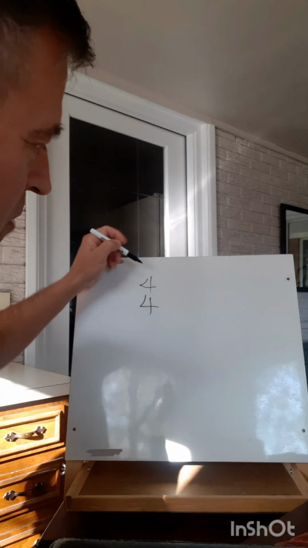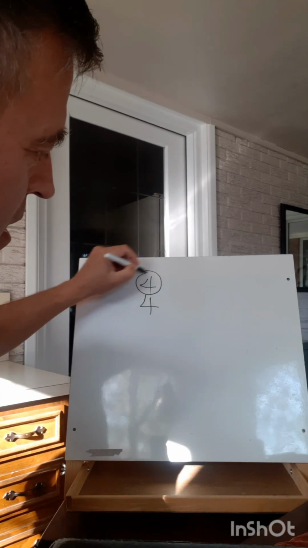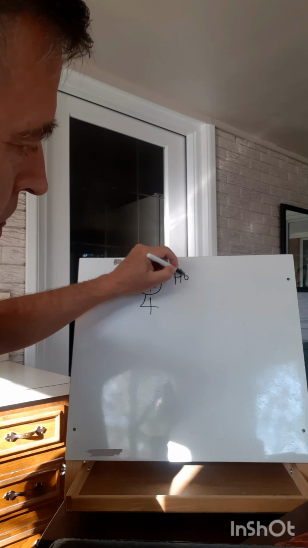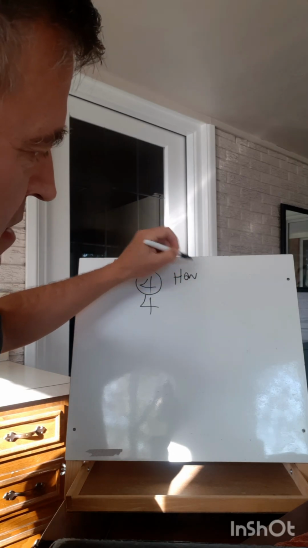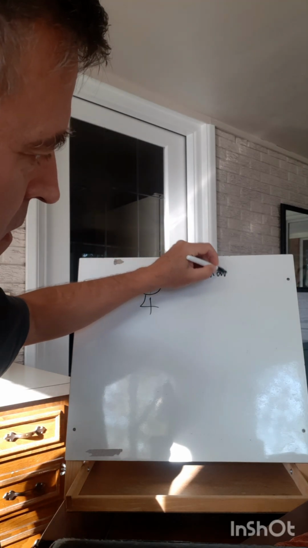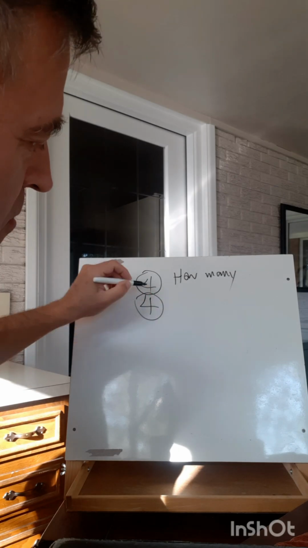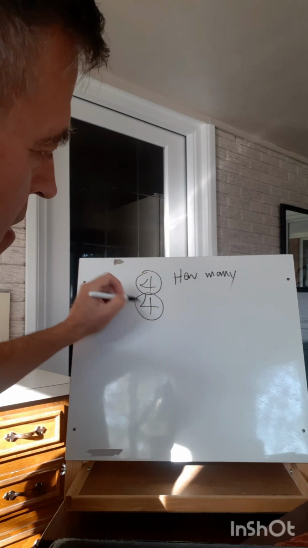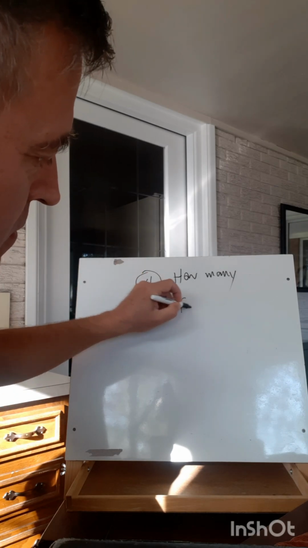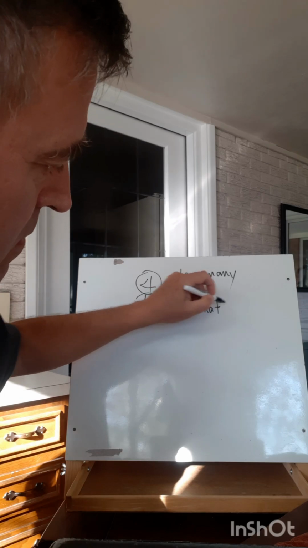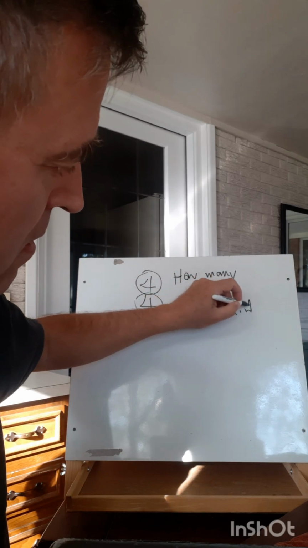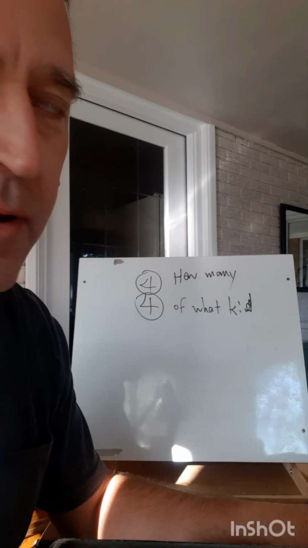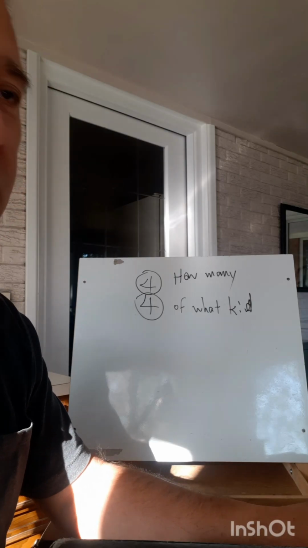And so the top number talks about how many beats. And then the bottom number talks about of what kind. And so we talked about a minute ago the kind of notes that we have.